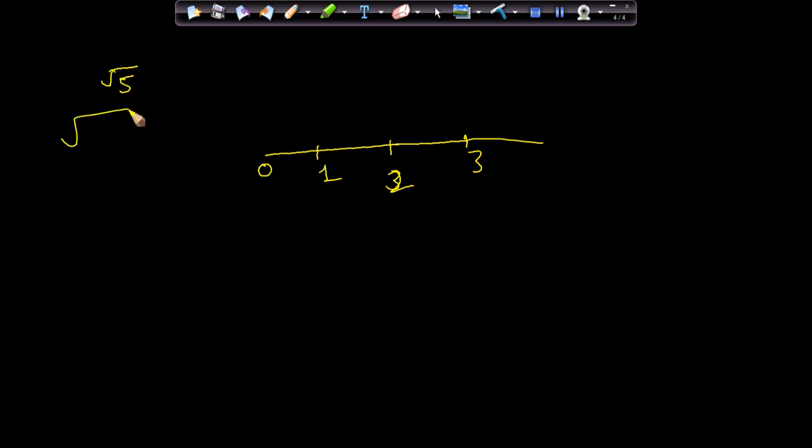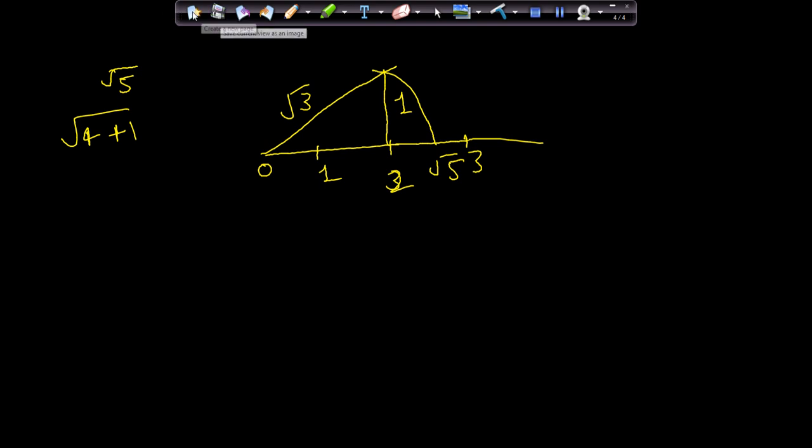We can break it as 4 plus 1, right? So 2 square is 4. We take 1 here and we join this point. This is root 5. We draw a curve, we get root 5. This is how we can represent all the irrational numbers on a number line. Okay.